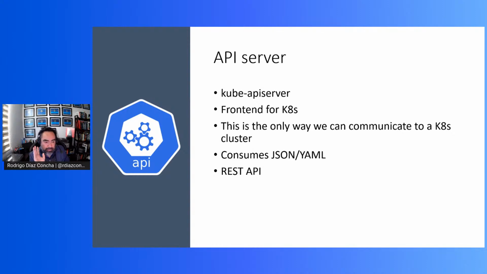That's the place and the component that you connect to when you execute commands by using kubectl, for example. So this is the component that you consume all the time, okay? The technical name of this component is Kube API Server.